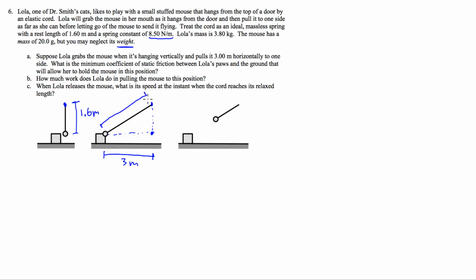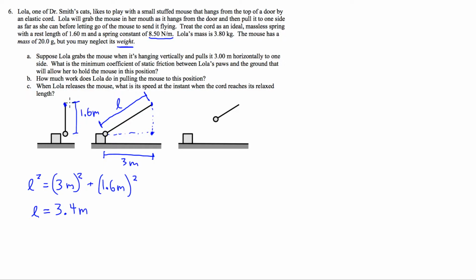I'm going to call that length L. L is just the hypotenuse of a right triangle, so L squared equals the horizontal leg squared, 3 meters squared, plus 1.6 meters for the vertical one squared. As it happens, I admit I picked the numbers to turn out nicely. That gives a length when the string is extended of 3.4 meters.